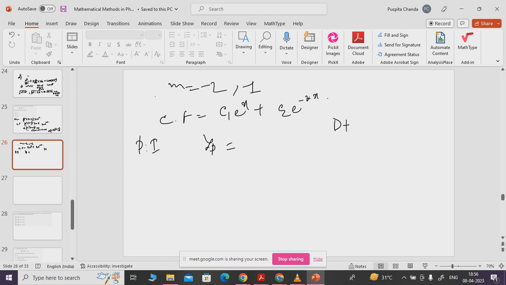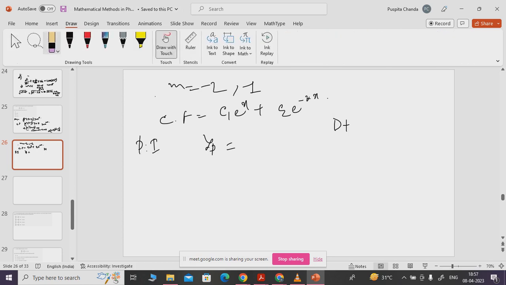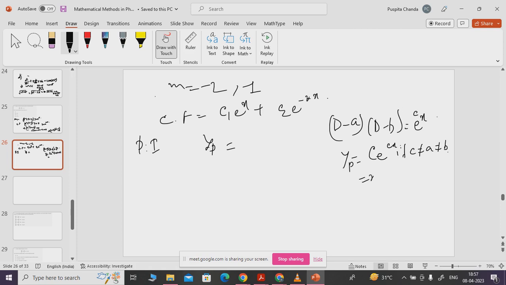So we know the rule: for e to the power cx, yp is some constant times e to the power cx if c is not equal to a and not equal to b; x times a constant times e to the power cx if c is equal to a or b but a is not equal to b; and x square times a constant times e to the power cx if c is equal to a is equal to b.